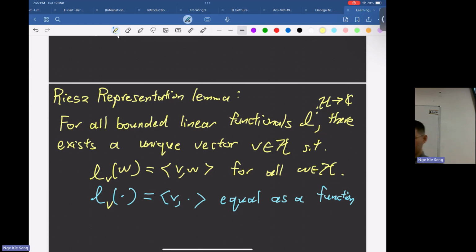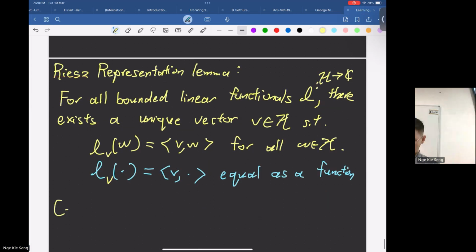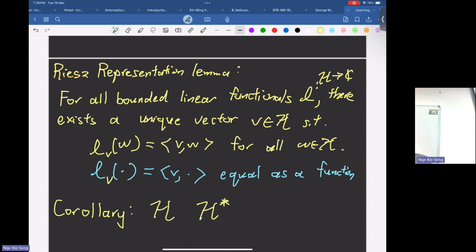And actually this formula is called rho. So this gives us a bijection between the Hilbert space and its dual space.